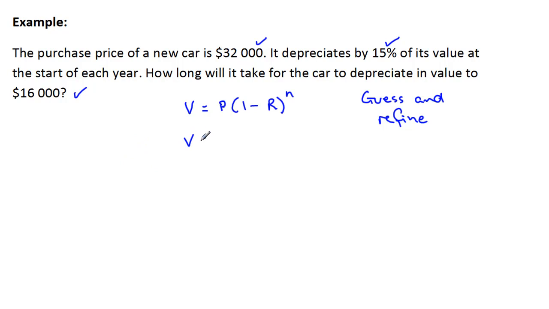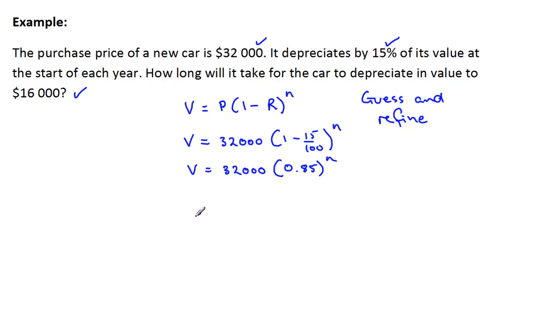We've got V equal to $32,000, 1 minus 15 over 100, to the power of n. So we can write this down as 32,000. Now 1 minus that gives us, if you check that with your calculator, 0.85 to the n.